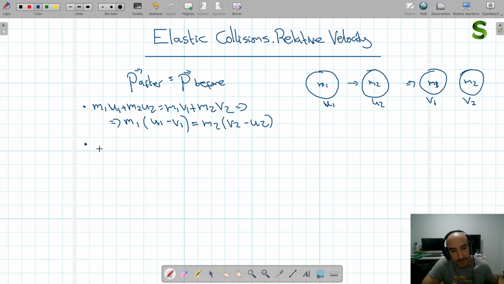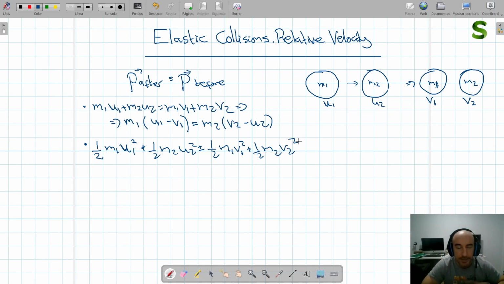So if we apply that it's an elastic condition, so the kinetic energy is conserved, if we calculate the kinetic energy of each object, you have half m1 u1 squared plus a half m2 u2 squared equals half m1 v1 squared plus a half m2 v2 squared. Okay, so we can start by cancelling the halves, because if we factorize a half on each side of the equation, this can be removed.